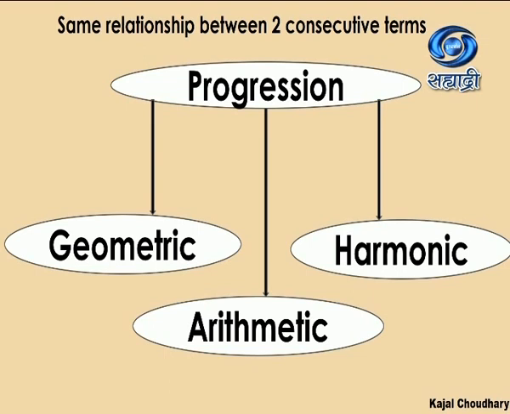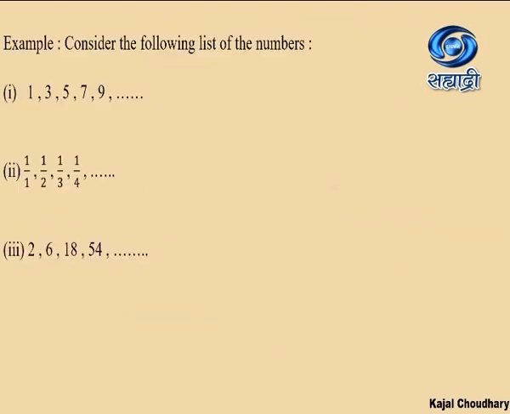It can be geometric, it can be harmonic. So we first have to understand the relationship according to which a progression can be called an arithmetic progression. Now, consider these lists; these are certain examples which we had already done.